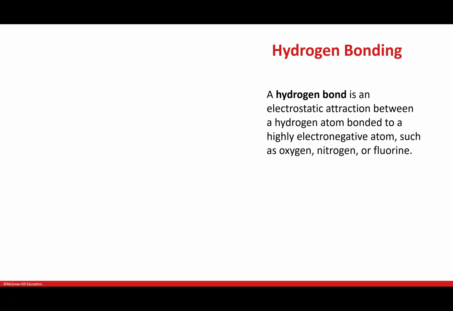So hydrogen bonding is this: if you have an oxygen and a hydrogen, or a nitrogen and a hydrogen, or a fluorine and a hydrogen, this is where you can get hydrogen bonding. Everybody loves hydrogen bonding. In all of these cases, the hydrogen is going to be partially positive, and the nitrogen, oxygen, or fluorine is going to be partially negative. Okay?